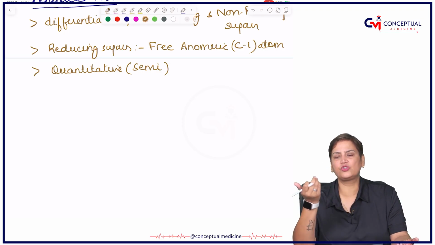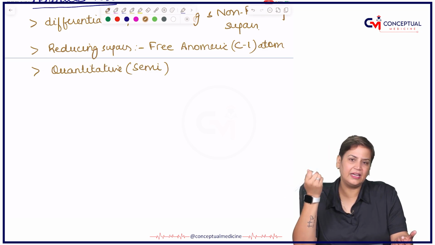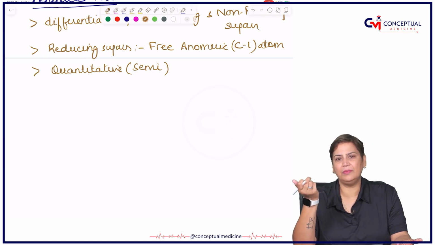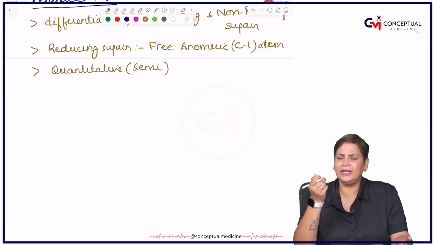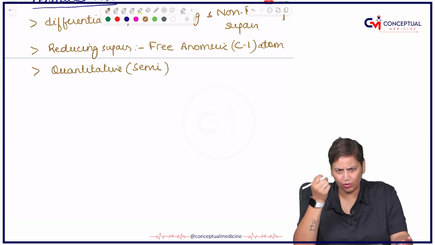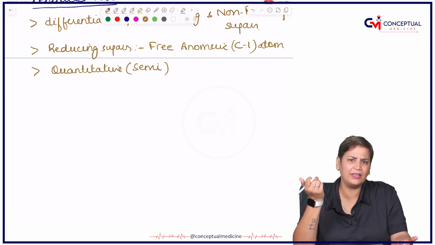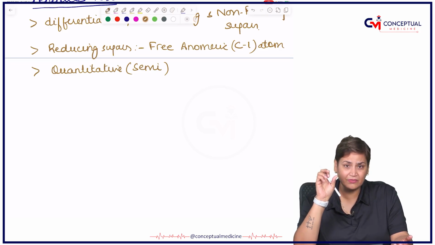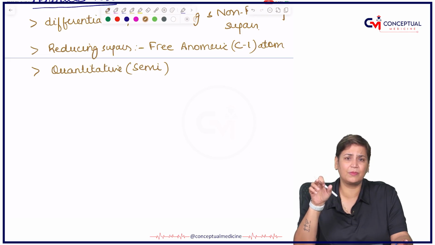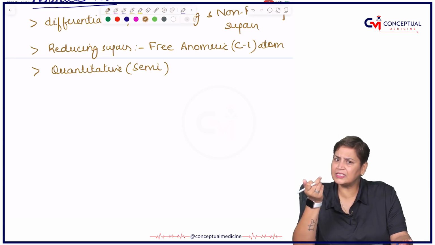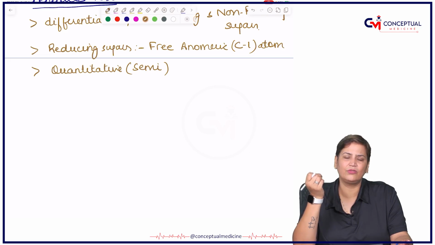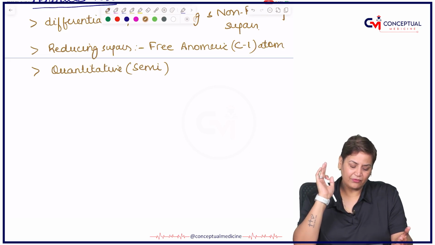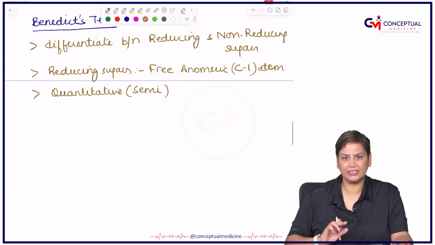So obviously if sugar is coming in urine, it is indicating mainly diabetes mellitus, because a negligible amount always appears in urine, but it is not significant. But yes, if traces, or you must have seen in the biochemical profile, plus, that means if sugar is coming in urine, that is strictly a case of diabetes mellitus. And for that, we perform Benedict's test.